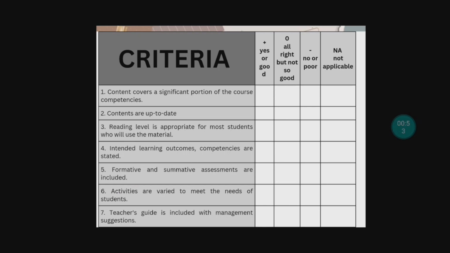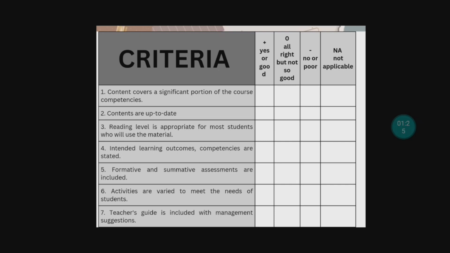When evaluating the curriculum using this model, there is a code to be used in rating materials. As you can see, the plus or positive sign means yes or good quality. Zero means all right but not good quality. Negative sign means no or poor quality. And NA means not applicable. Here, they are going to check the list of criteria or materials, whether it is a yes, no, all right, or not applicable.